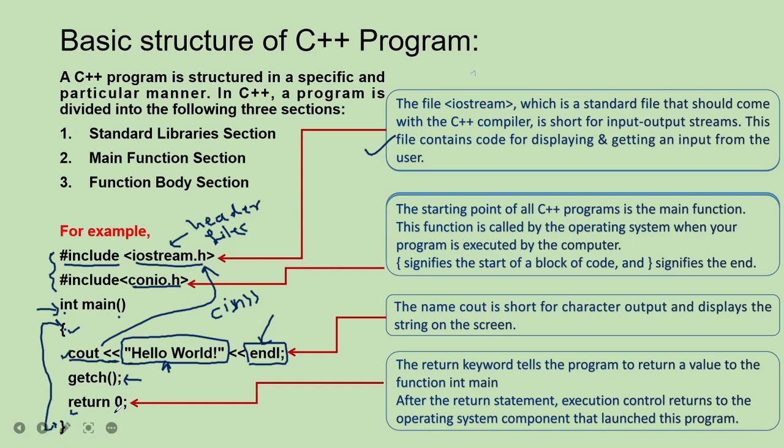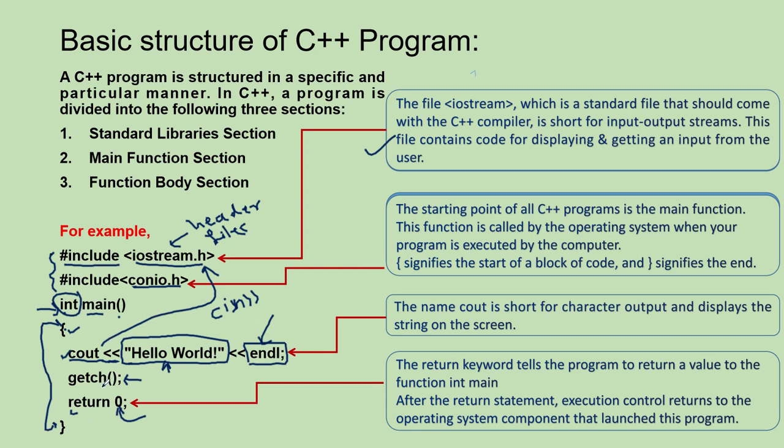Now, next one, very important, return 0. If you see here, this particular function is int main. Int main means this main function is going to return an integer type of value. Therefore, here we are returning 0. 0 is the value which will be returned by the function main.